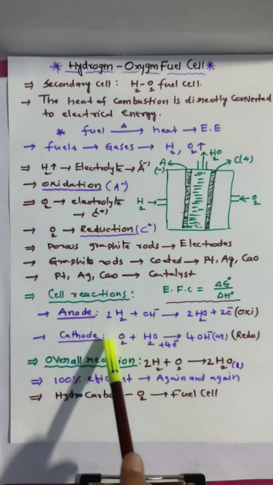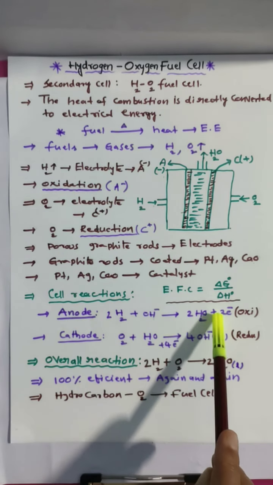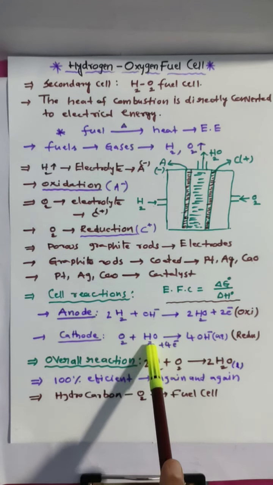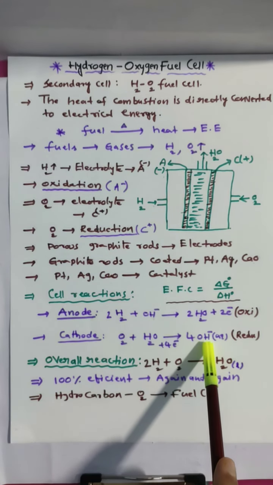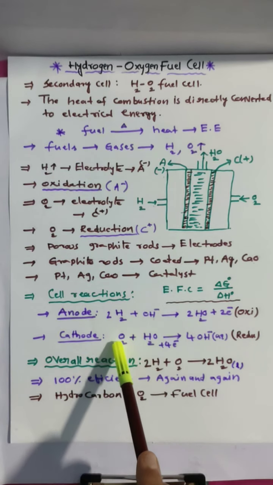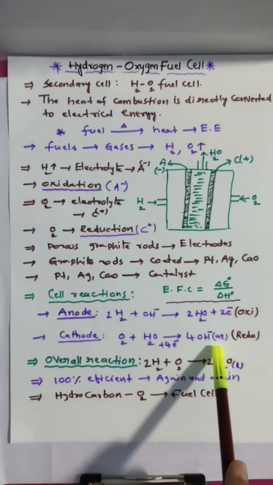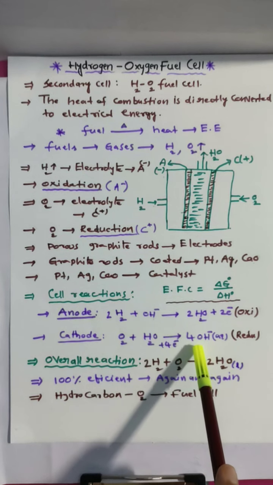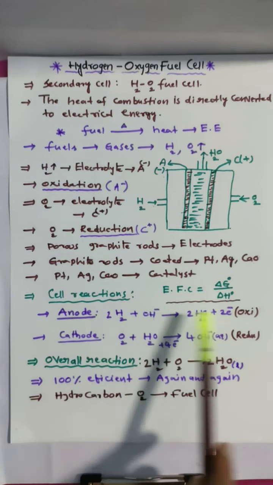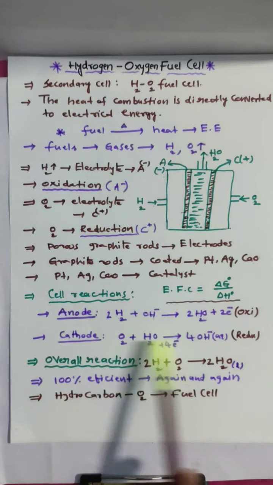At cathode, oxygen undergoes reduction to OH minus. See this water, losing of electrons, are gaining. Loss of electron, gain of electron. That also you can remember. So always anode, oxidation, cathode, reduction.